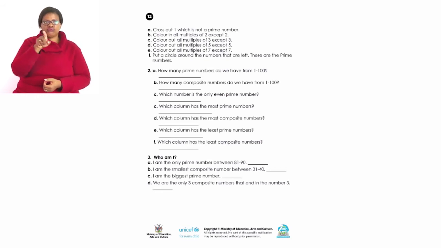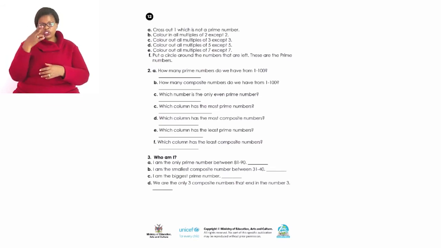In other words, the number 1, which is not a prime number. Okay? So number 1 is not playing in this activity because it's not a prime number. It's kind of weird for now. So 1 is not a prime number, nor is it a composite number. So let's go to B.